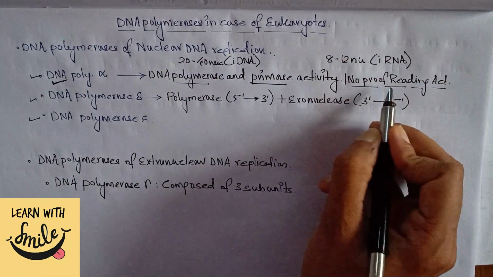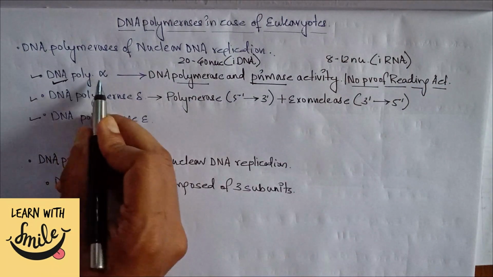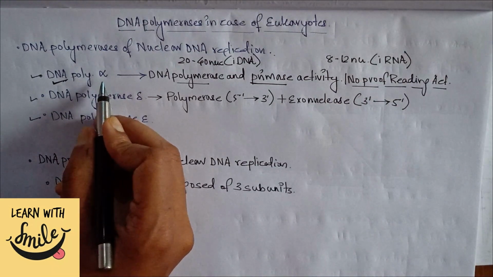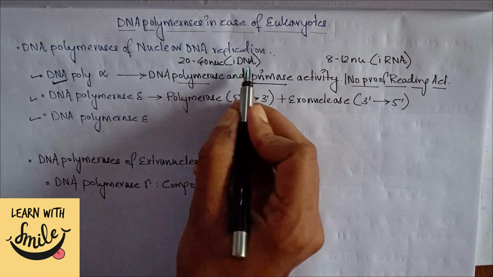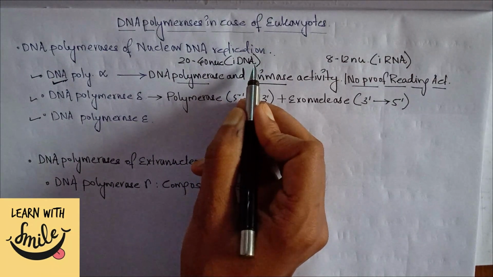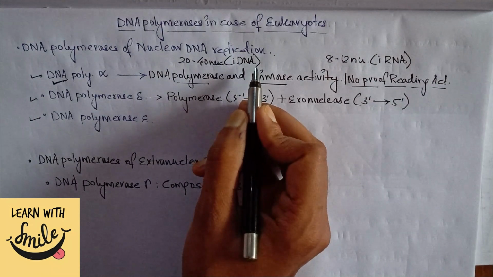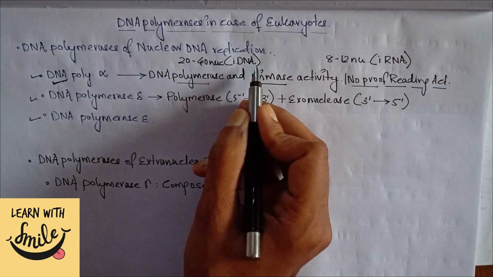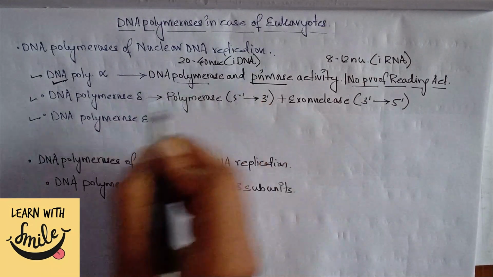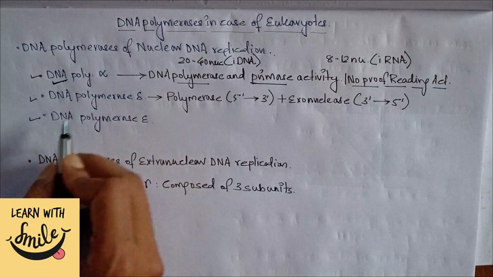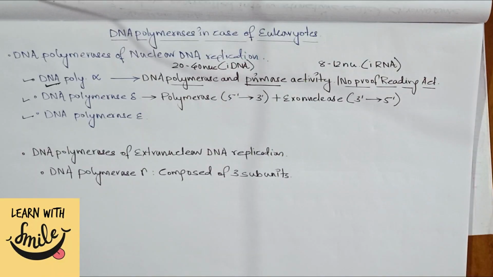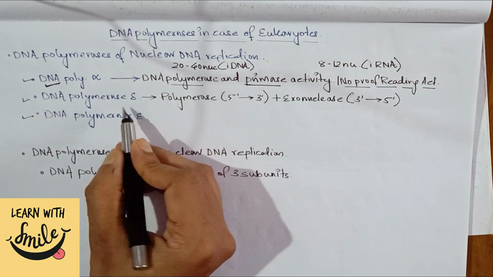Having said that, after the synthesis of this initial DNA sequence, it cannot further extend the newly synthesized DNA, and as such it requires another DNA polymerase to join in, and thereby DNA polymerase delta and DNA polymerase epsilon join in, and thereby DNA polymerase delta comes in.